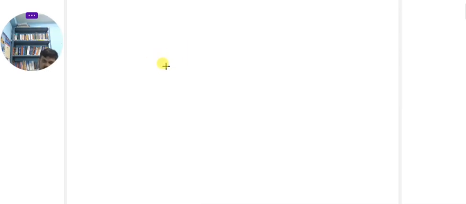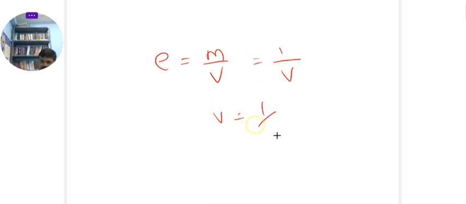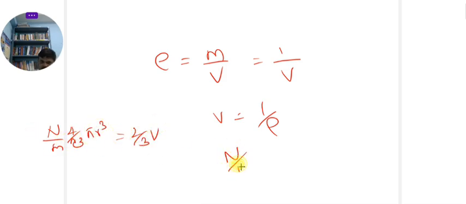Now I am going to find the answer. Density is mass by volume. When I take 1 gram, it means 1 by V, so V equals 1 by rho, where rho is the density. Already I wrote N by M times 4 by 3 pi r cube equals 2 by 3 of the volume, which is replaced by 1 by rho.